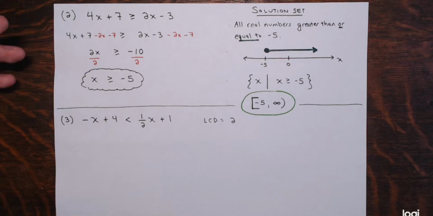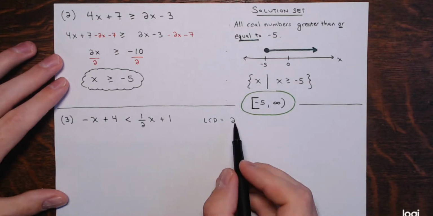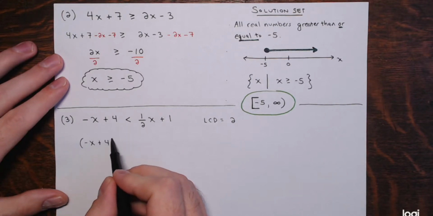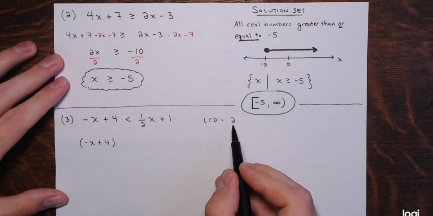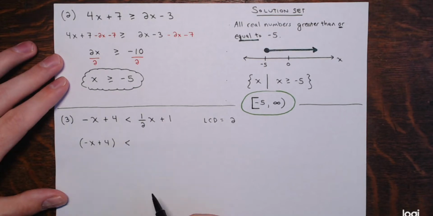So first thing I'm going to do, just to clear the denominators, is multiply both sides by positive 2. So this left side, -x plus 4. And because I'm multiplying both sides by positive 2, the symbol will not change. So it's still going to be is less than.